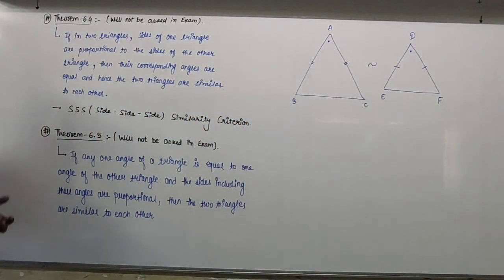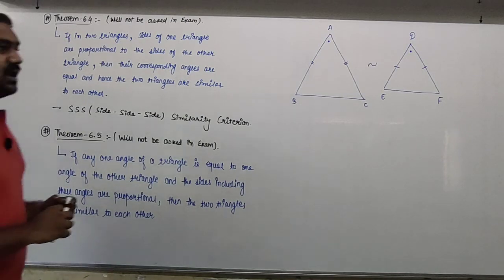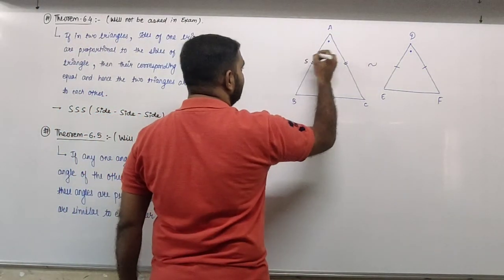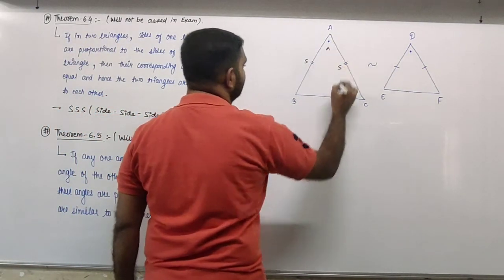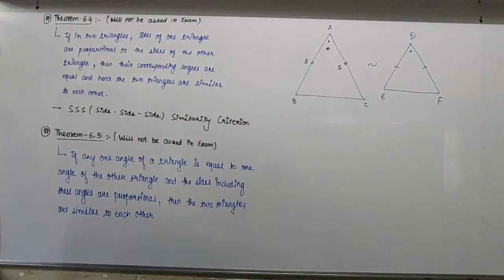This criterion is known as the SAS. You can see this is the side, this is the angle, and this is the side, where the angle here is the included angle.